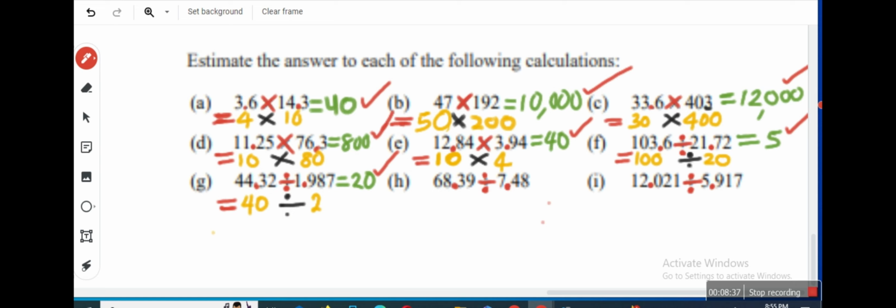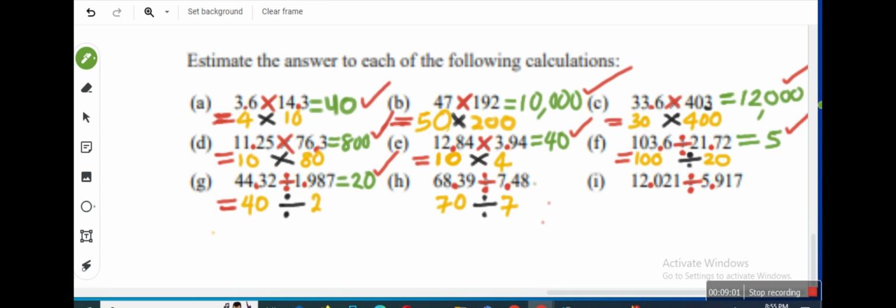68 point. This will be what? This will be 70. Okay. 70 divided by, just 7. Okay. So the answer will be what? You see how we carry out the estimation.